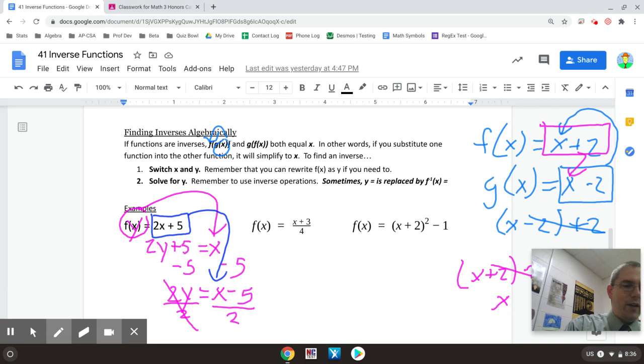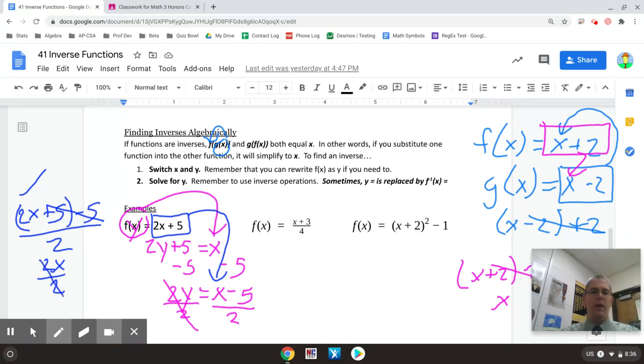And if you did that, what you would have for your check is 2x plus 5 minus 5 divided by 2. Your plus and minus 5 cancels, then you'd have 2x over 2. The 2's cancel, and you would be left with a plain x. That lets you know you found the inverse correctly.